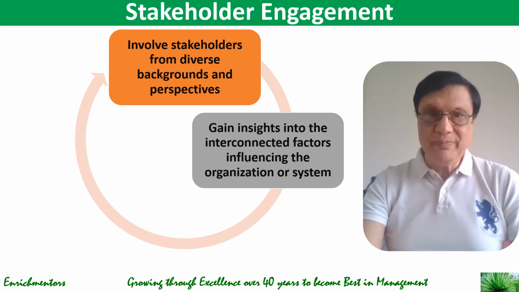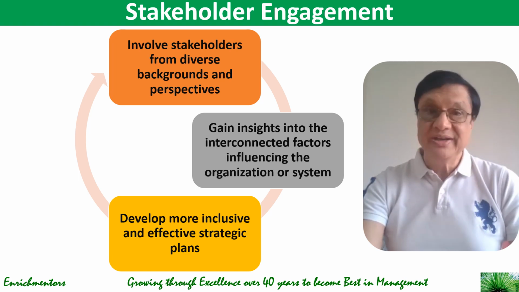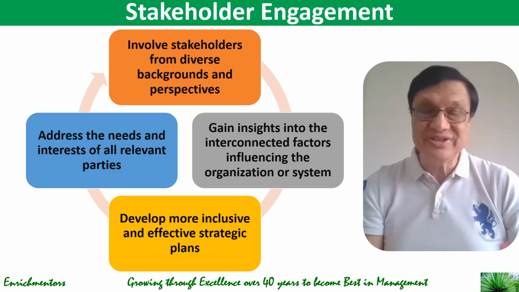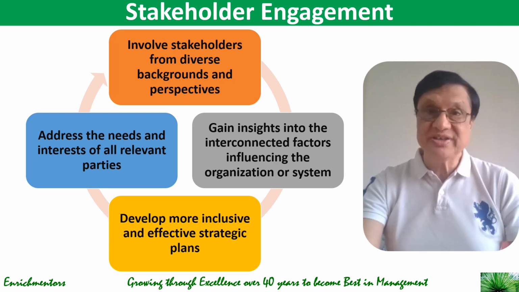By incorporating these stakeholders' input, you can develop a more inclusive and effective strategic plan that will address the needs and interests of all relevant stakeholders or parties. So stakeholder engagement is an important aspect of system thinking that helps you do better strategic planning.